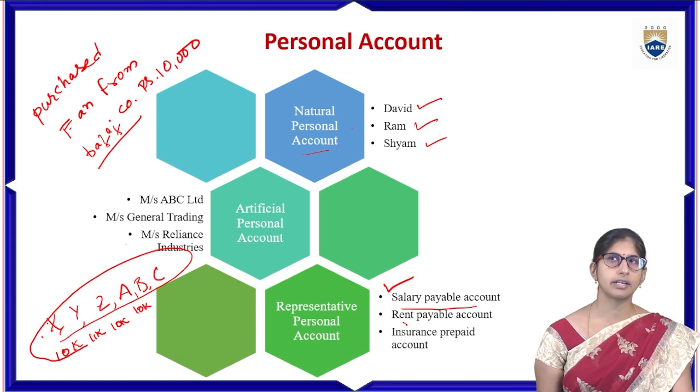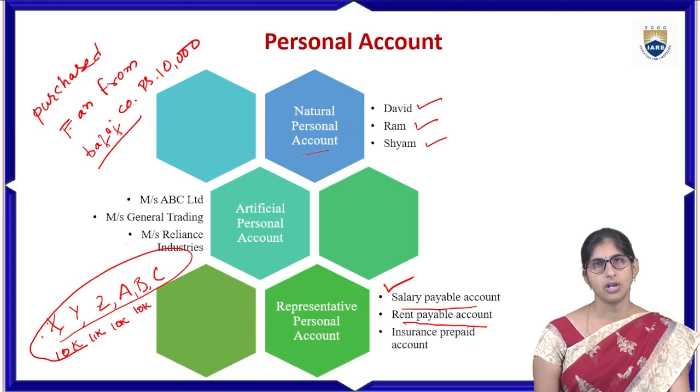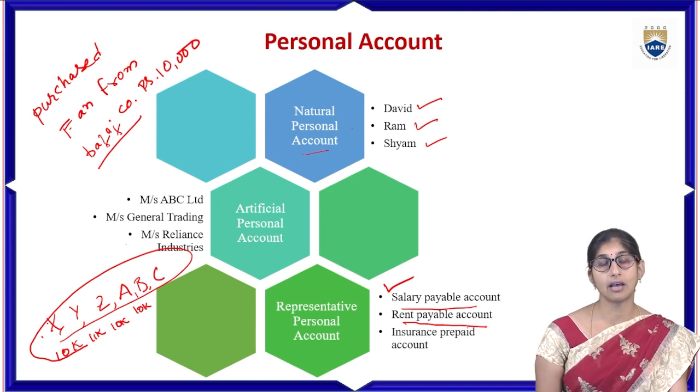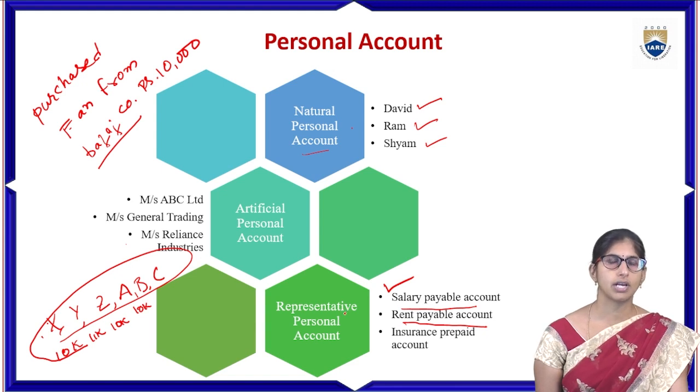And coming to the rent payable account. We may be hiring so many things, like land and buildings at different places to conduct our business. For that, I have to pay rent to the owner.